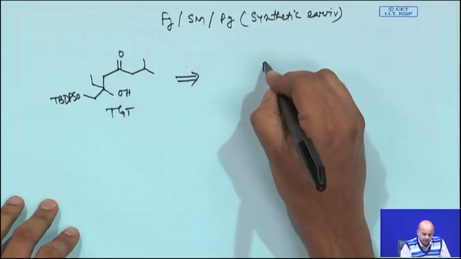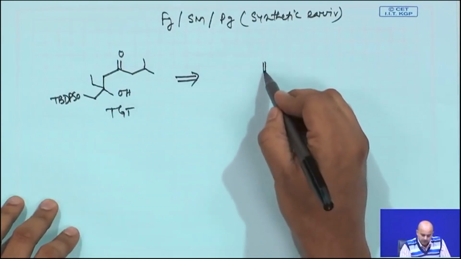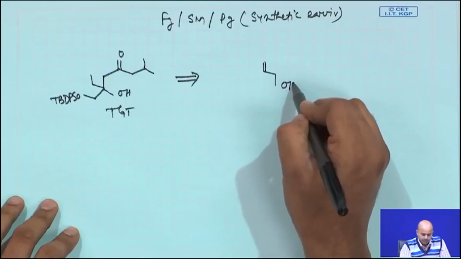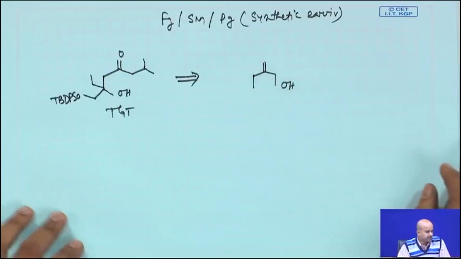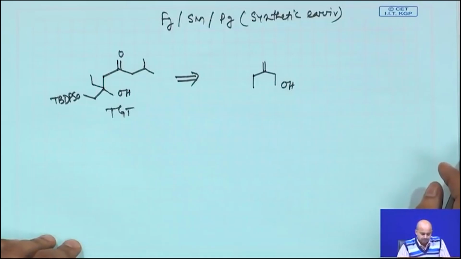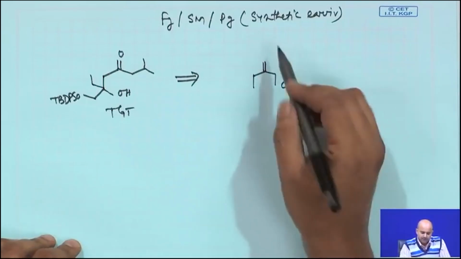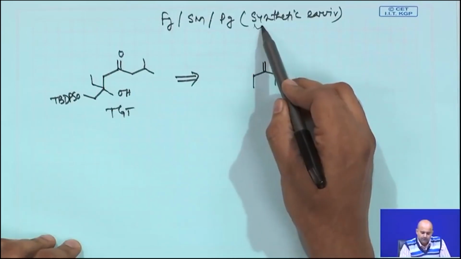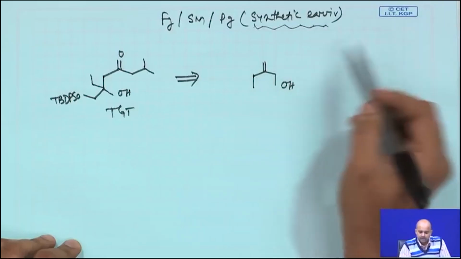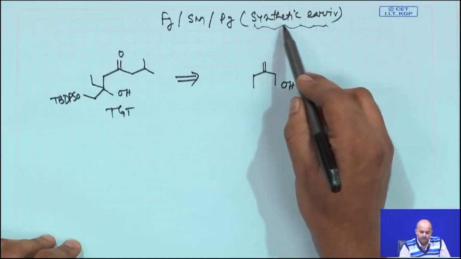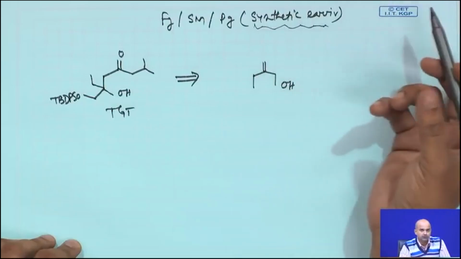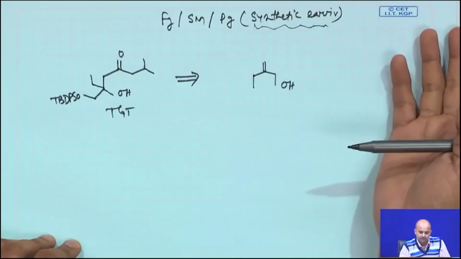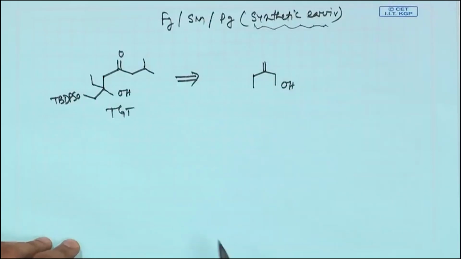The starting material which I am giving to you is this compound, and we said you have to use this synthetic equivalent. So, this part you have to devise: what particular synthetic equivalent we will be using to access this.